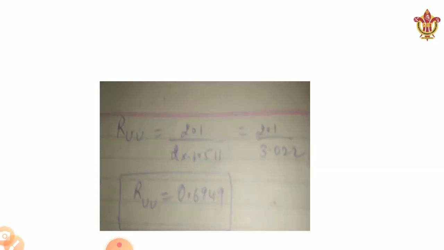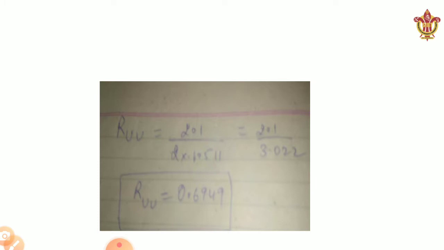In the regression equation, we need to put the covariance divided by sigma u into sigma v. According to this formula, in the numerator we put 2.1, and in the denominator we put 2 into 1.511. So 2.1 divided by 2 into 1.511 comes out to be 0.6949.